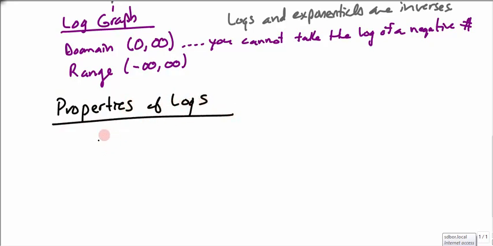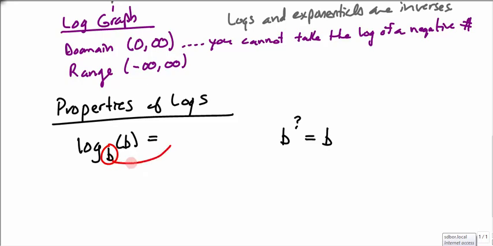So the first one I want to look at is log base b of b. So basically, if I replace these with numbers, they're saying the base and the argument are the same. What does log base b of b equal? Okay, well, this means b to what power equals b. Because remember, we start with the exponential form, so b to what power equals b.